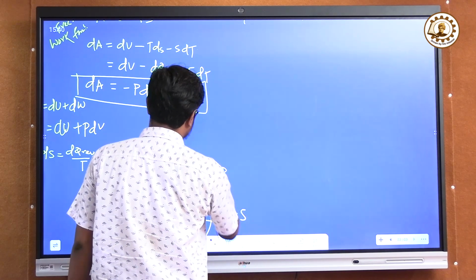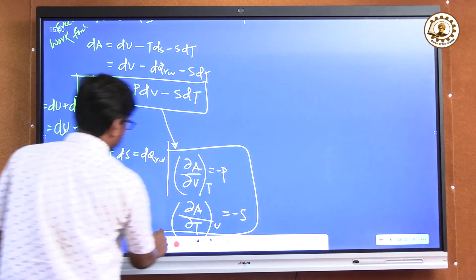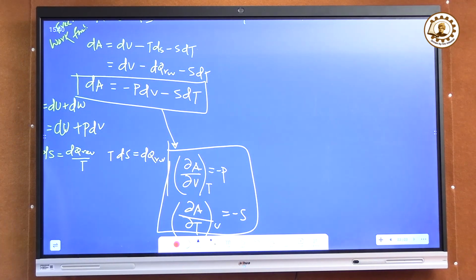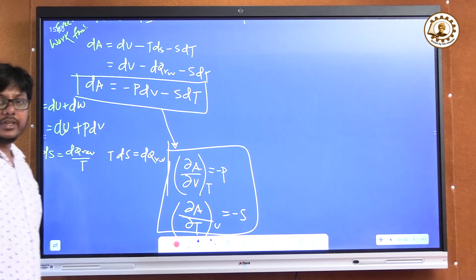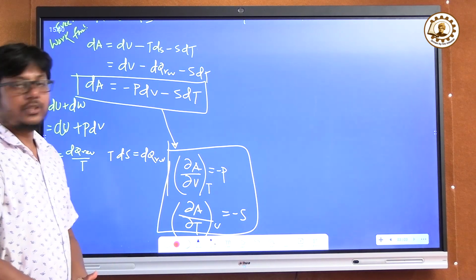Minus S. So these are the two important correlations of thermodynamics.